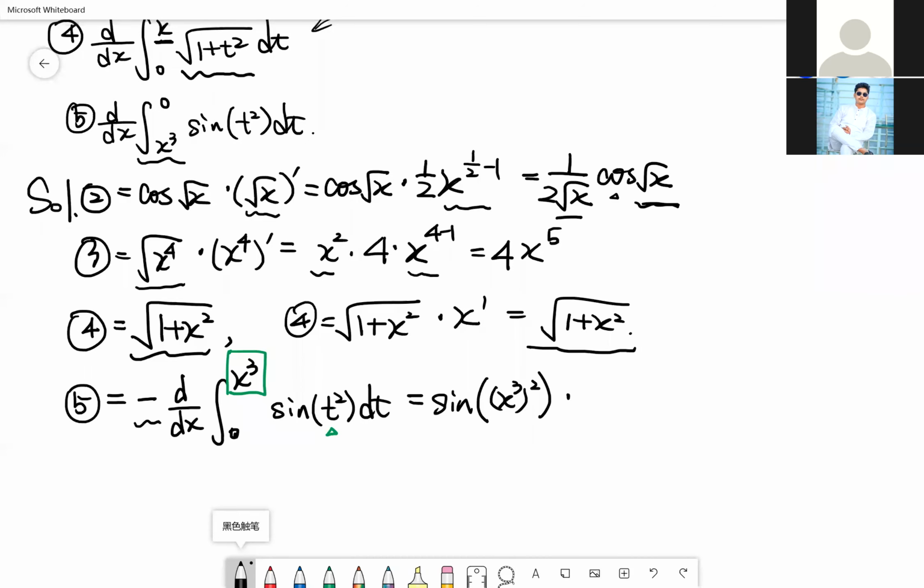And then times x power 3 prime, right? So we will simplify it to equals sine x power 6 here, right? And times 3 x squared. So we know that equals 3x squared sine of x power 6.